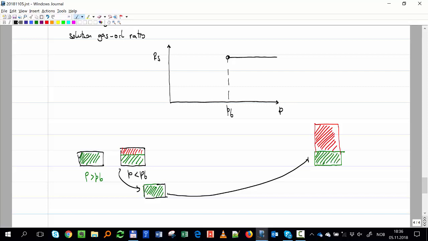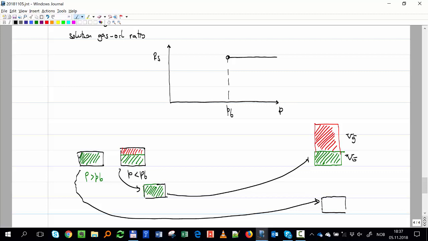And I'm going to get here a BO and a BG, different from if I take this one to standard conditions. Here I'm going to get another amount of oil and another amount of gas.